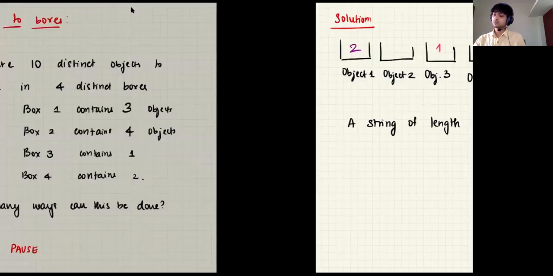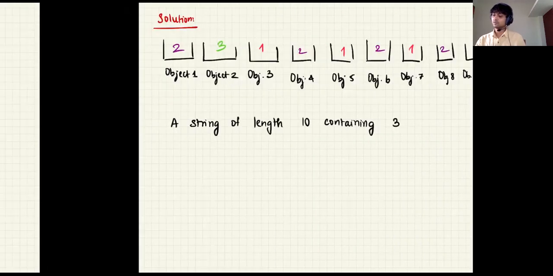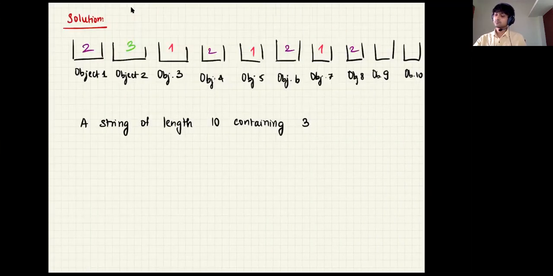So 1 object should go to box 3 and 2 should go to box 4. So what I did here, I looked at those objects and assigned to every object a box number.